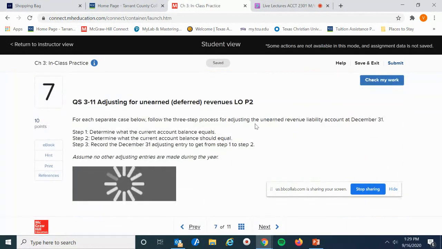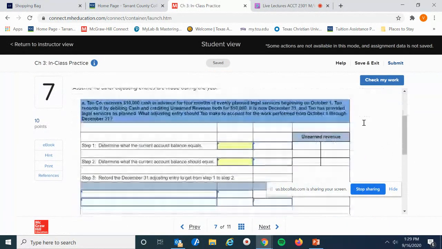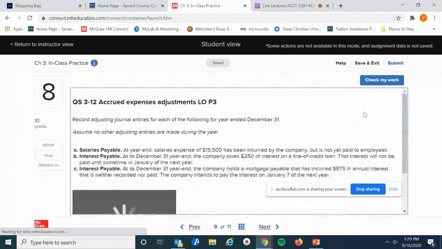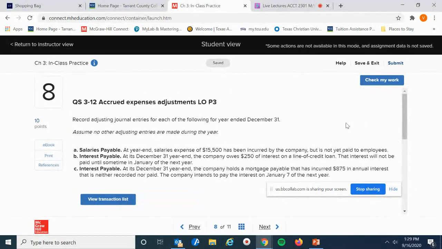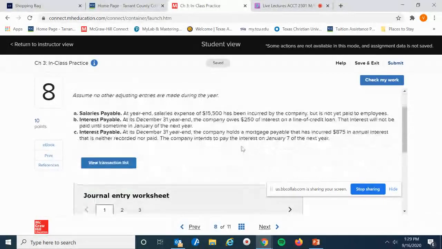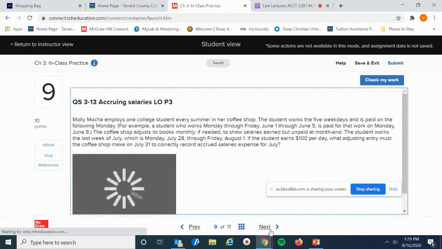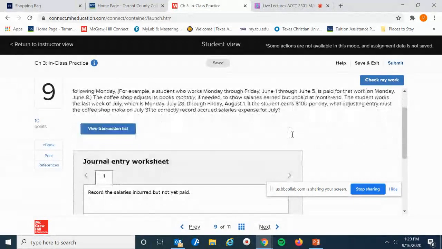So the next problem, I'm going to skip this one. This is pretty basic. All right, so the next problem is accruals. We need to talk about accruals here in a second. This is an accrual as well.